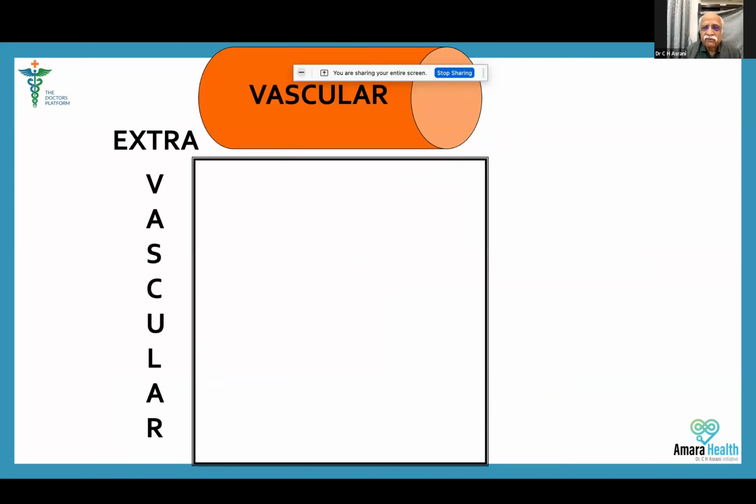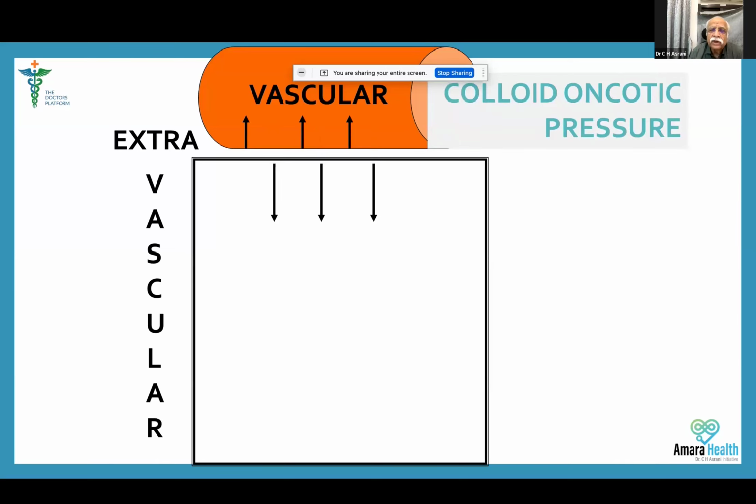So this is the vessel and this is extravascular. Now what happens from here? We have various ions and fluid keep going from intravascular to extravascular compartment because of colloid oncotic pressure.